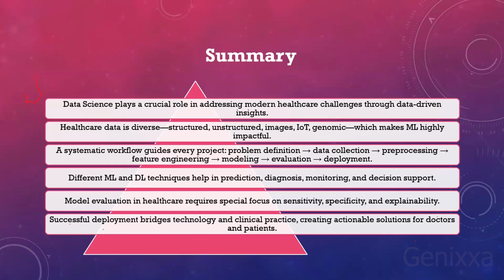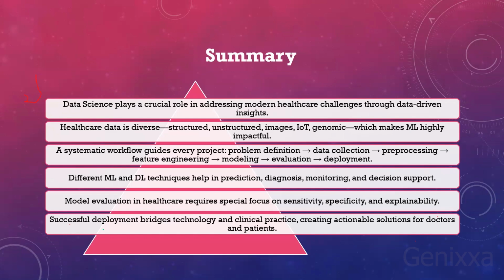So what we have discussed till now is how data science is going to play an important role in modern healthcare challenges. We have also learned about the diverse range of datasets you may find in the domain and how they can be utilized in machine learning pipelines. We have also understood the systematic workflow for any data science project that includes multiple stages, and I have given you different ideas on how different Python libraries can assist you at each one of these stages.